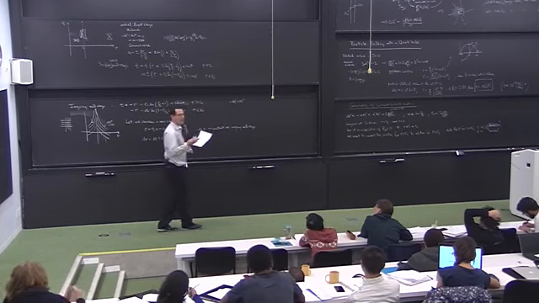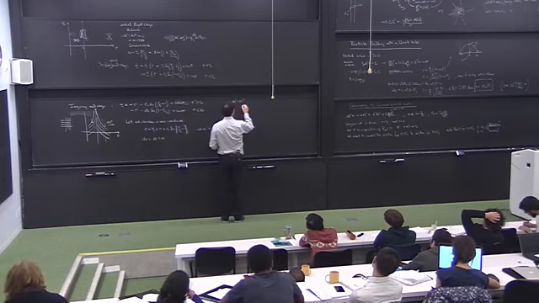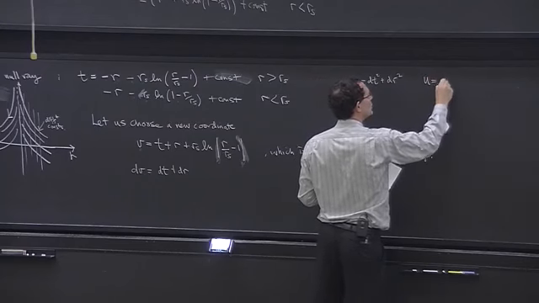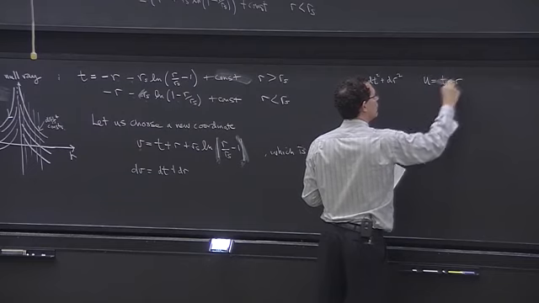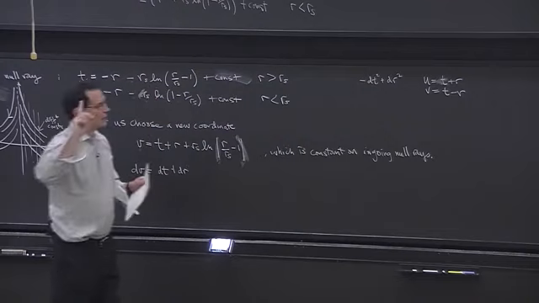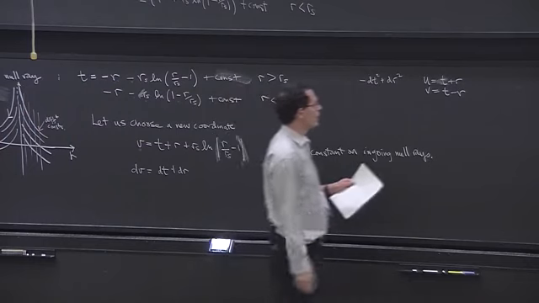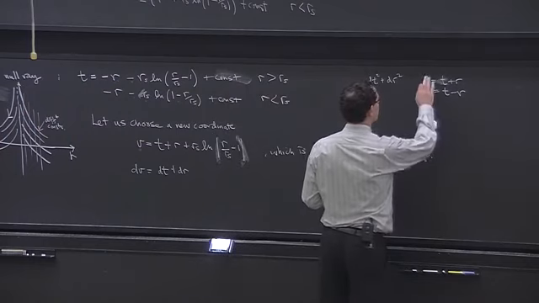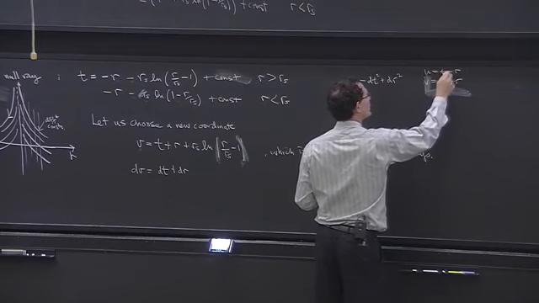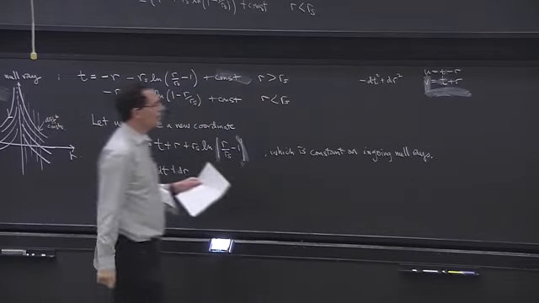Obviously, if I consider radial rays in Minkowski space, it's very natural to set, with a similar argument, u equal to t minus r, and v equal to t plus r. U is constant on outgoing null rays. V is constant on ingoing null rays.